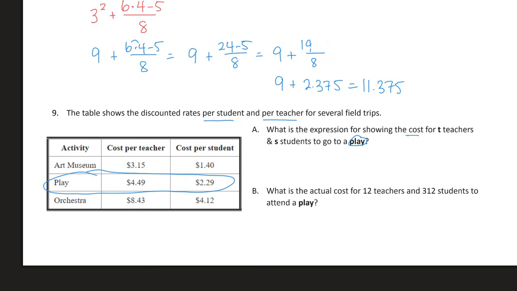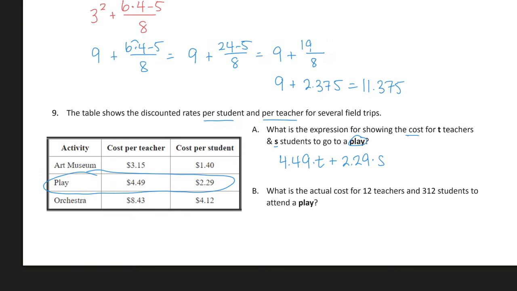Teachers cost $4.49. So the total cost would be $4.49 times T plus the cost for students. Again, we don't know how many students, so we're going to use a placeholder of S. So it's going to be students cost $2.29. So $2.29 times S. So there's an expression showing the cost.